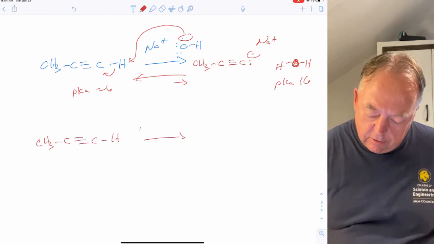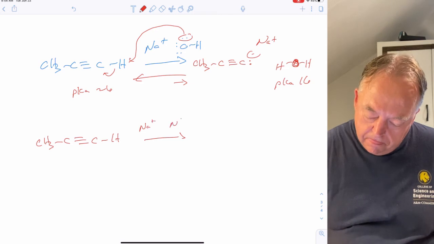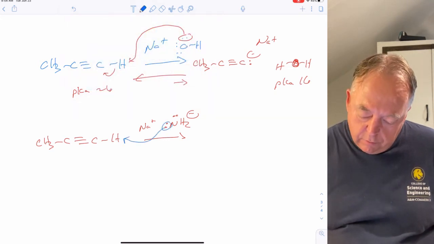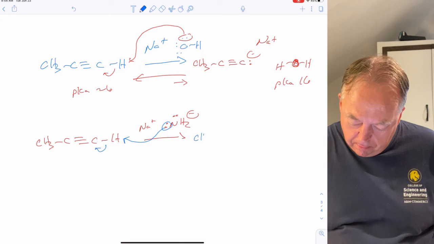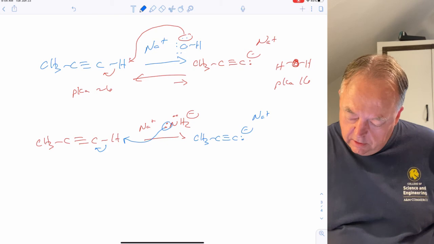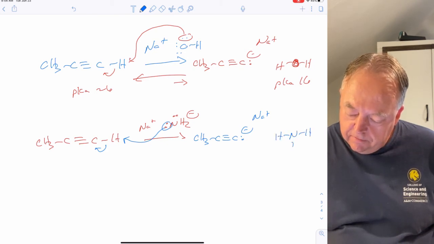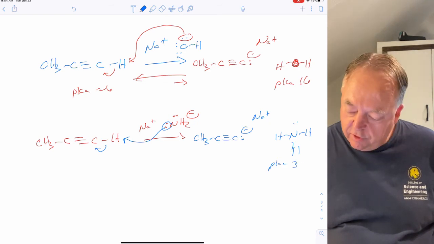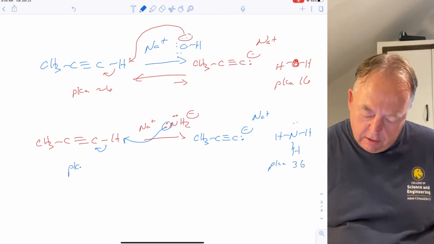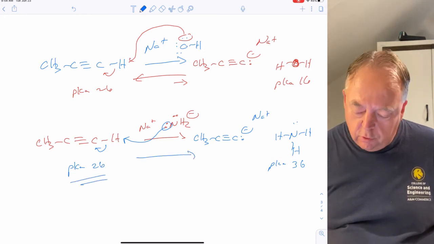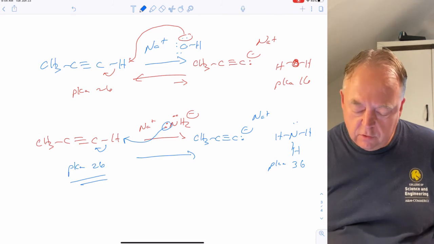So if you took an alkyne and reacted it with NH2 minus, I'll take a lone pair on that, which removes the proton. Then you would make a molecule of ammonia, and ammonia has a pKa of around 36, and this pKa is 26, so the alkyne is more acidic, so this would greatly favor the products, the reaction going forward.